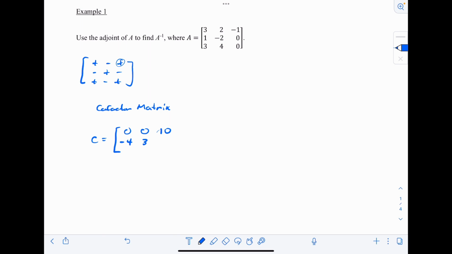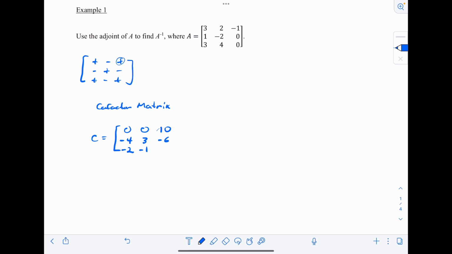Yeah, 12 minus 6 is 6, and that changes to negative. And then the bottom row, for 3, we'd have 0 minus 2 is -2, and that stays -2. For the 4, we'd have 0 minus a -1 is positive 1, but that changes back to a -1. And then finally, the lower corner, we cross off, and we've got -6 minus 2 is -8, and that stays at -8. Okay. Not too bad, and obviously I talked it through.